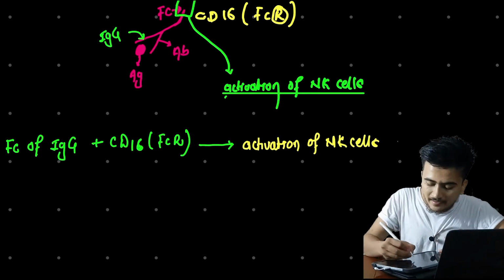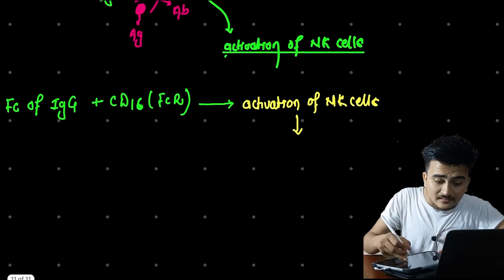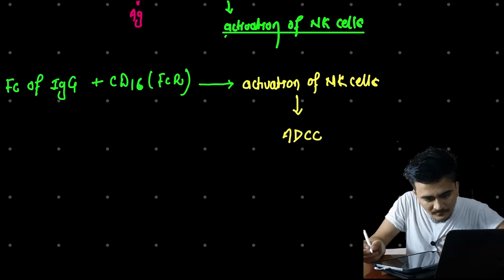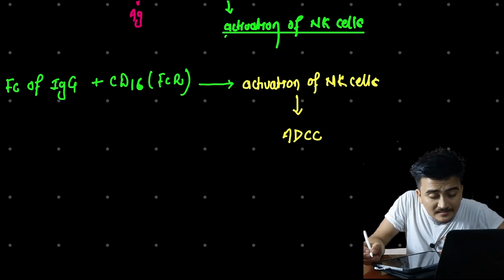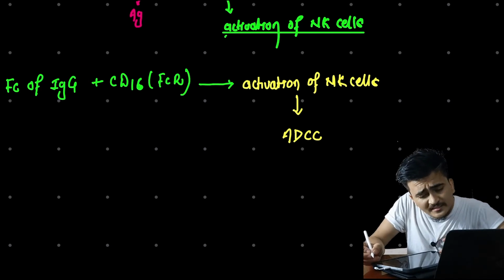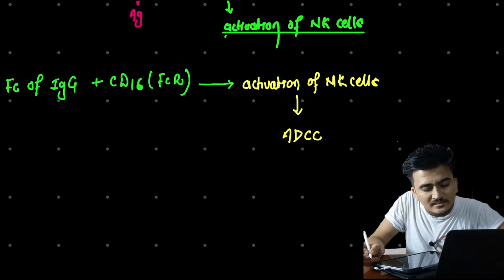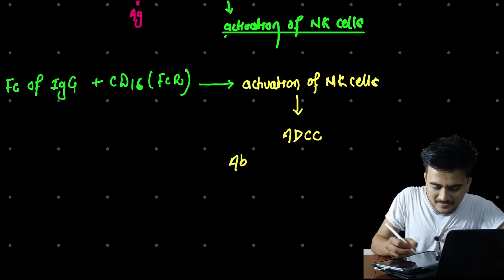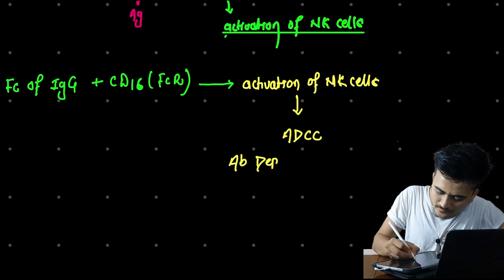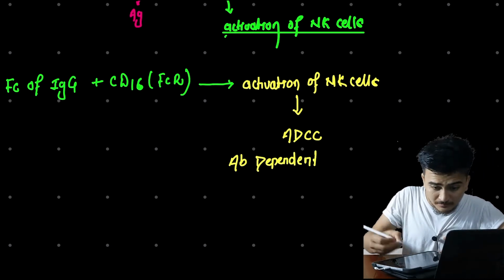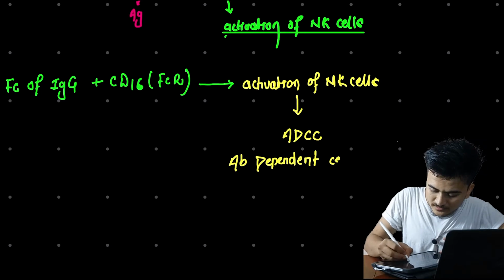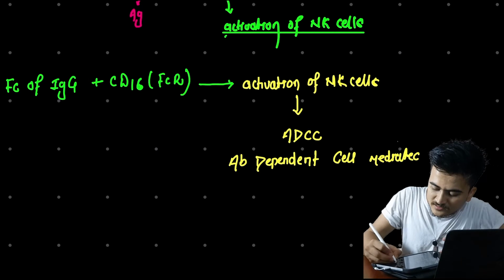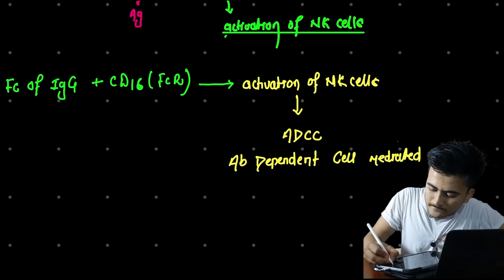And when these NK cells are activated, then there occurs ADCC. Now what is this ADCC? This is antibody dependent cell mediated cytotoxicity. Antibody dependent cell mediated cytotoxicity.